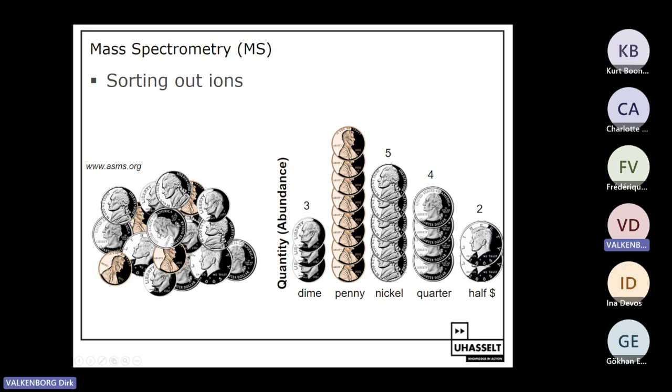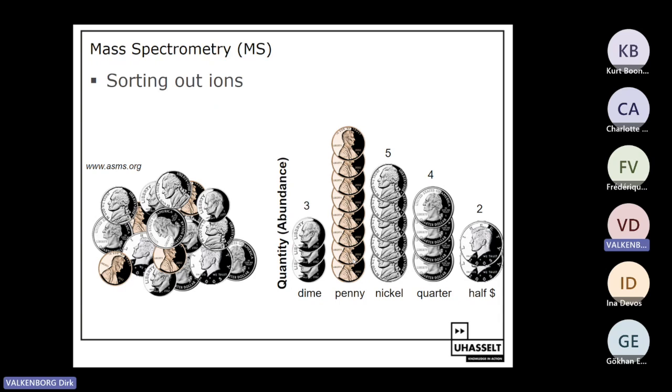If you are in the US and you have some dimes, pennies, nickels, quarters, and so on, when you want to know the amount of money that you have in the pocket, you will start sorting these coins by their face value. You sort the dimes, the pennies, the nickels, the quarters, and the half dollars, and then you just count how many you have of each. And then you know the amount of money you have in the pocket.